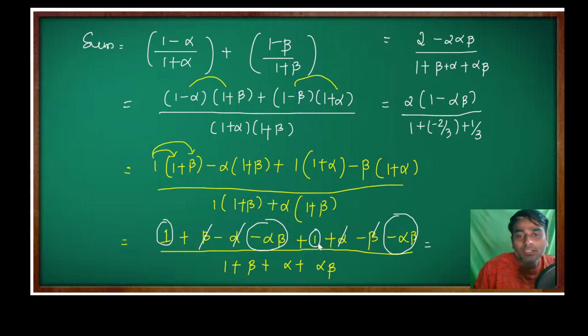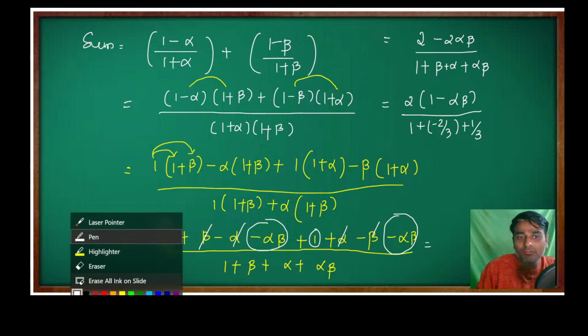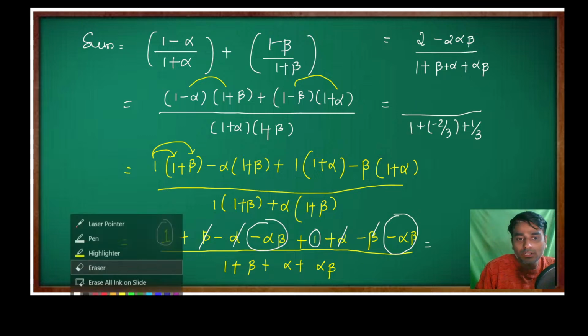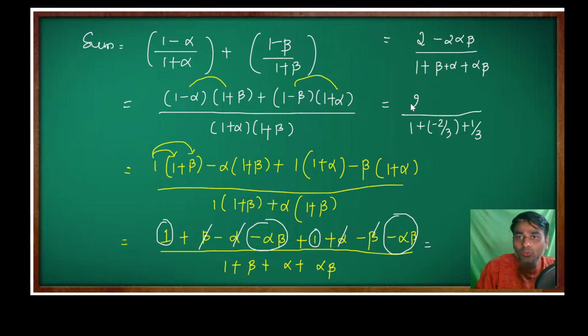Okay, so now next you see, here no need of taking common. I think we can do it without taking common also. So I will directly do it as 2 minus 2 into alpha beta, which was 1 by 3.